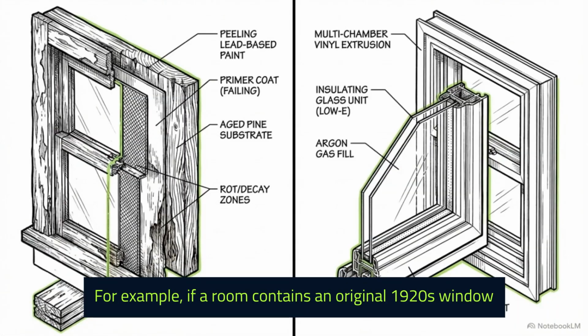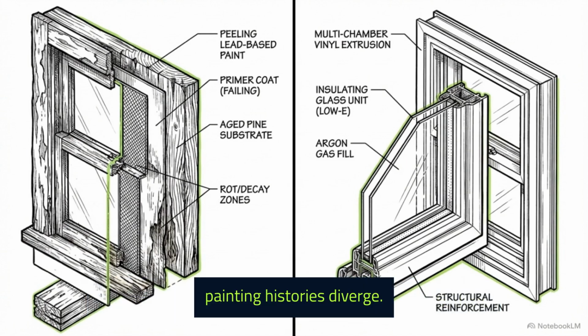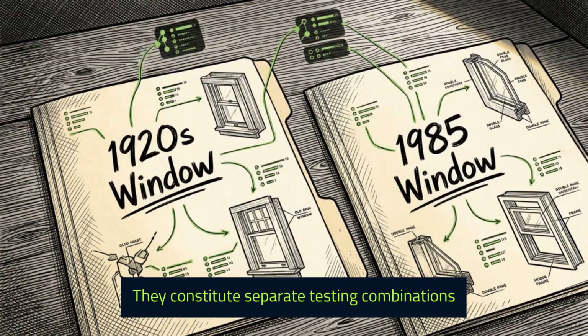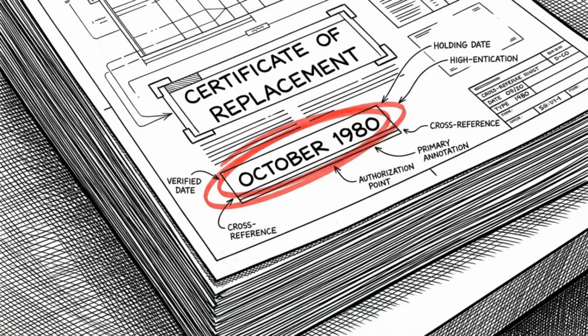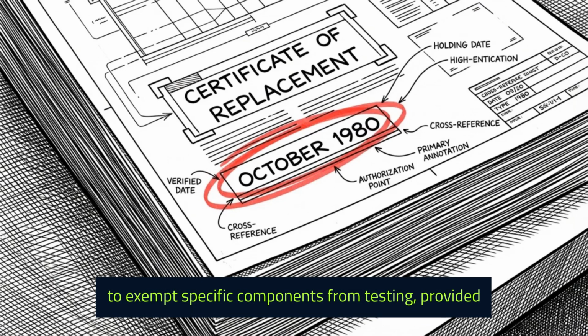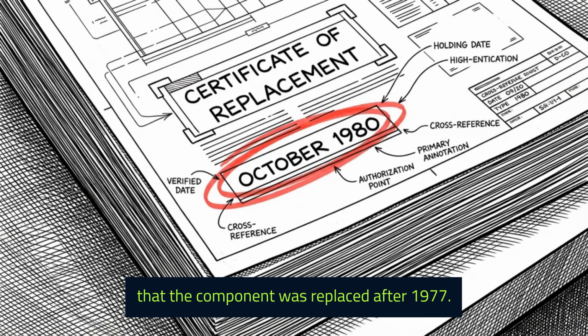For example, if a room contains an original 1920s window alongside a replacement window installed in 1985, their painting histories diverge. They constitute separate testing combinations and must be analyzed individually. The inspector has the authority to exempt specific components from testing, provided there is definitive, documented proof that the component was replaced after 1977.